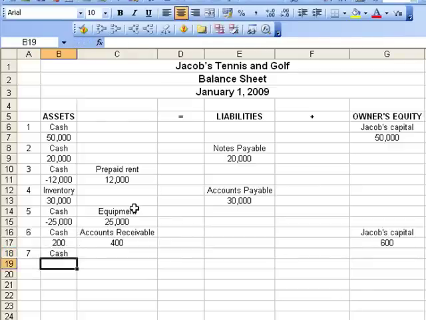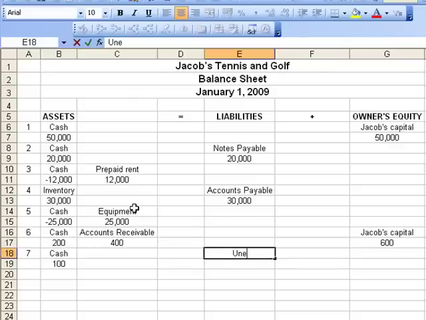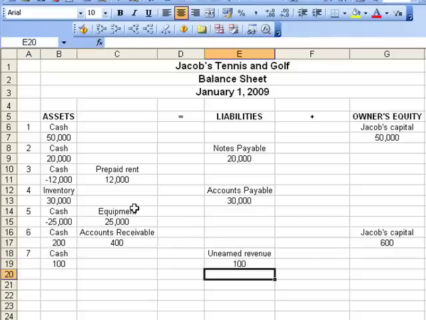So we have an increase in cash of 100, and we have a liability, which is unearned revenue, also 100. You may ask why it's under the liabilities category, but the important thing to note is that we have received a payment as a business, but we are obliged to do this service in the future.